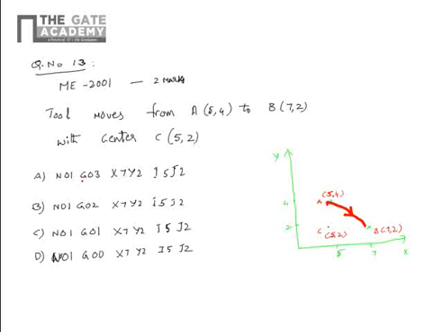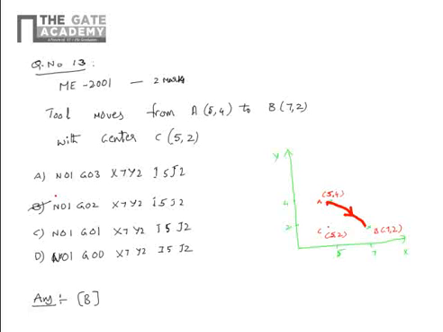G03 means anti-clockwise rotation. G02 is clockwise circular rotation. G01 is linear motion. G00 is rapid traverse. If you know only G02, that is enough to solve this question. So B is the answer.